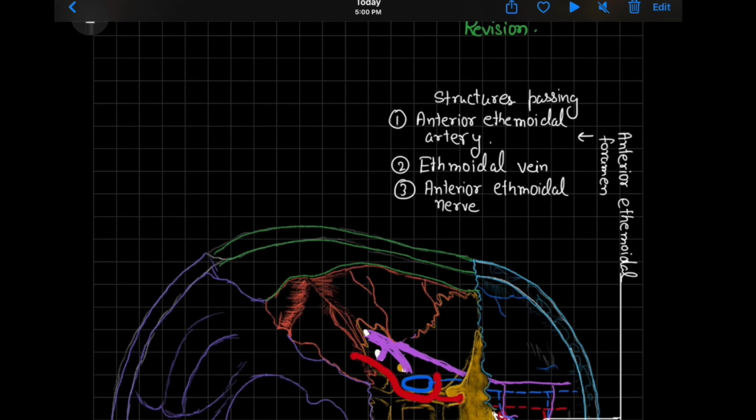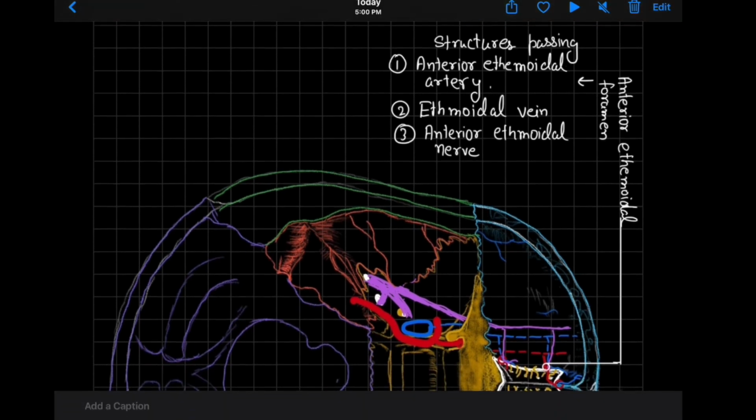This conveys the general sensation from mucosa of anterior and middle ethmoidal air cells, the mucosa of superior and anterior surface of both nasal septum, lateral wall, skin of dorsum, ala, and apex of the nose. Now talking about the foramina of cribriform plate.